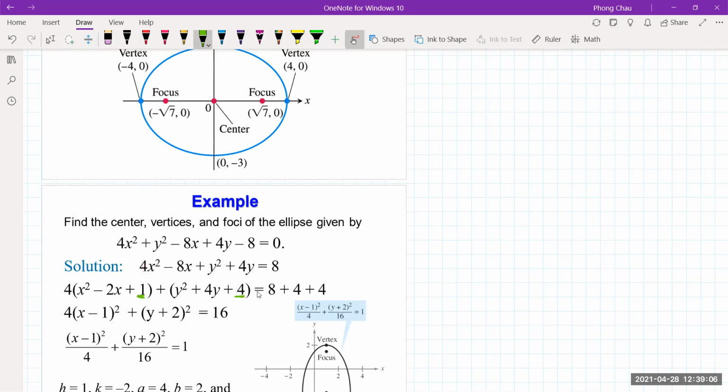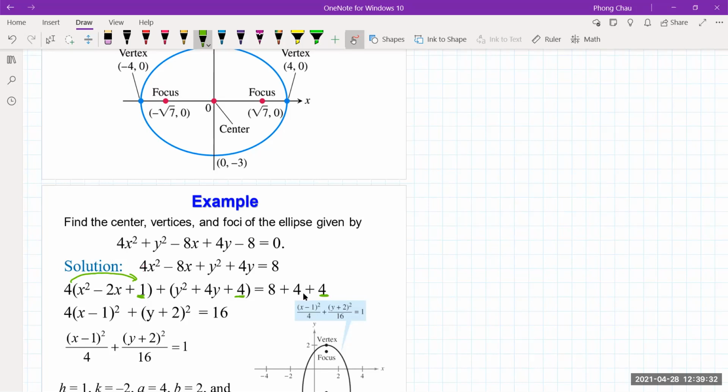Now, since this is an equation, you need to add on both sides, the same amount on both sides. This is 4, so we add 4. This is 1. Why do we add 4? It's because we multiply the 4 and the 1, right? So it's inside the parentheses. If you multiply it out, we really add 4 on the left-hand side.